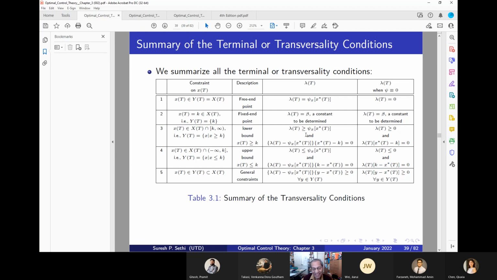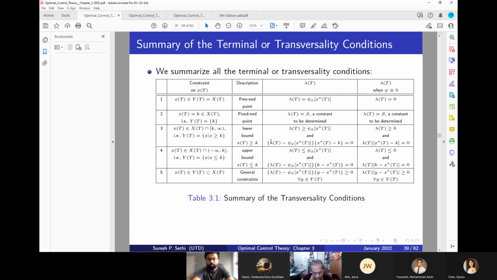That gives a kind of restriction on lambda T. Lambda T is bigger than a certain thing, and it has to satisfy a complementary slackness condition. And if psi is 0, which is the salvage value, then you can see lambda T is kind of half fixed.